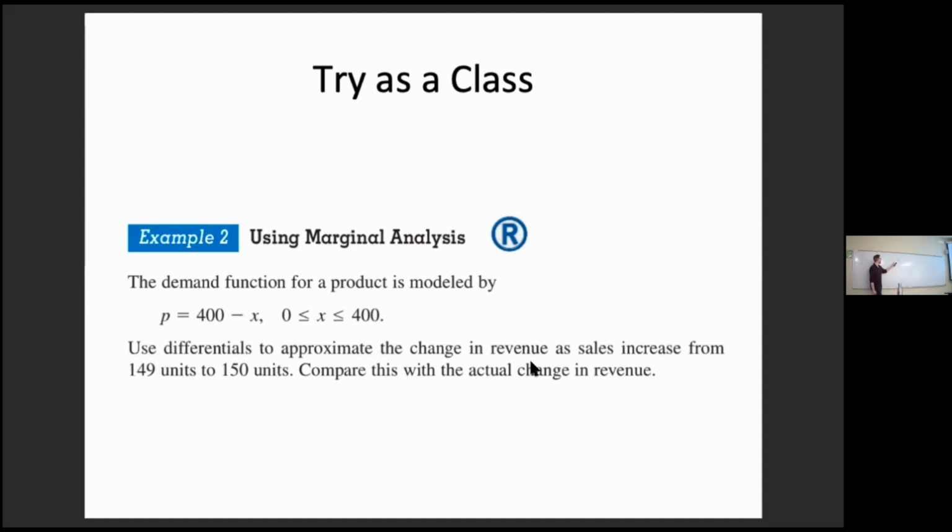So if revenue is equal to demand times price, well, we're told what the demand function is. P here was equal to 400 minus X for X between 0 and 400, right?